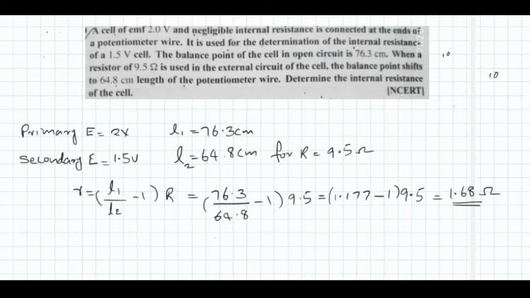That minus 1 is 0.177, into 9.5, and the answer is 1.68 ohm. So 1.68 ohm is the internal resistance of the 1.5 volt cell. So we are finding the internal resistance for the secondary cell.